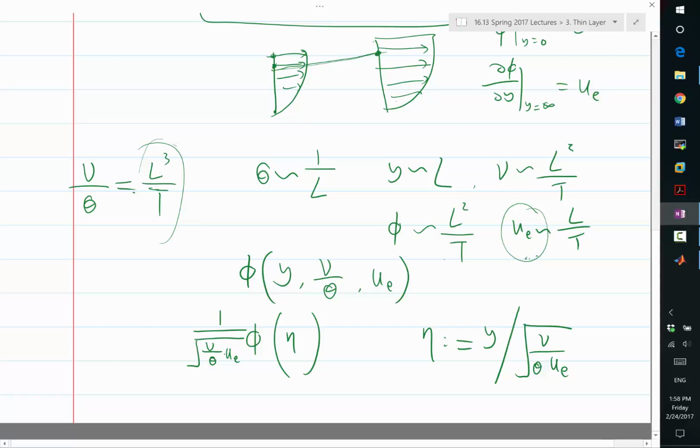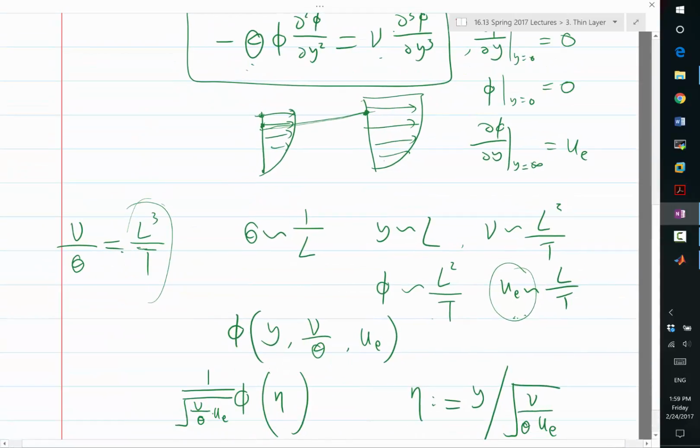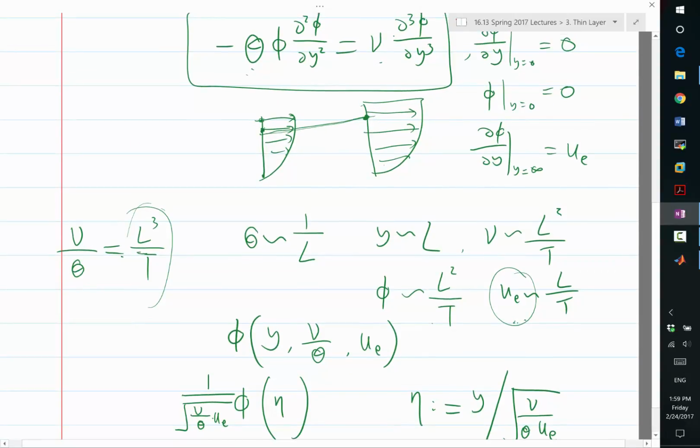Any questions in this whole derivation? So basically, when we substitute all these, let's define this to be f, right?